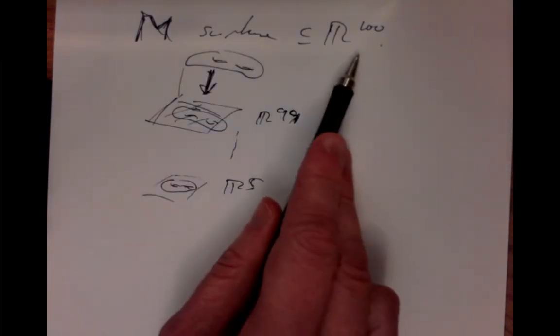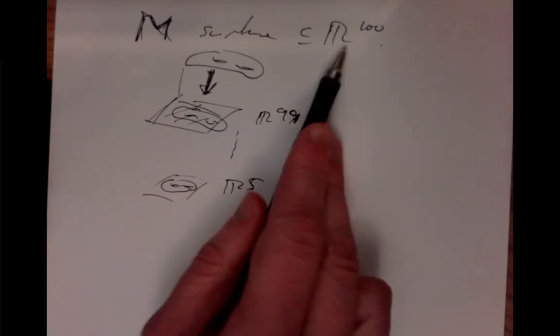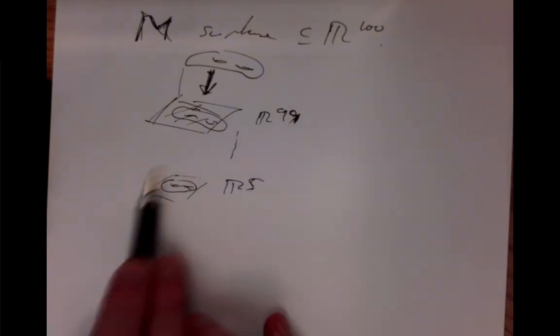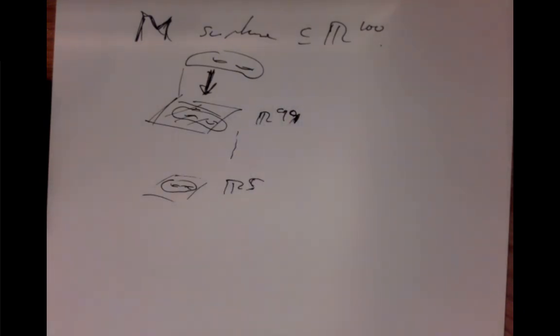So if there is some embedding of this thing into, well, not necessarily 100, but let's say 1 billion or 1 trillion dimensions, then there is some embedding of the surface into 5 dimensions. And that's a nice example of applying this technique. But again, I haven't explained how it works, but it's explained in more detail in the lecture notes.